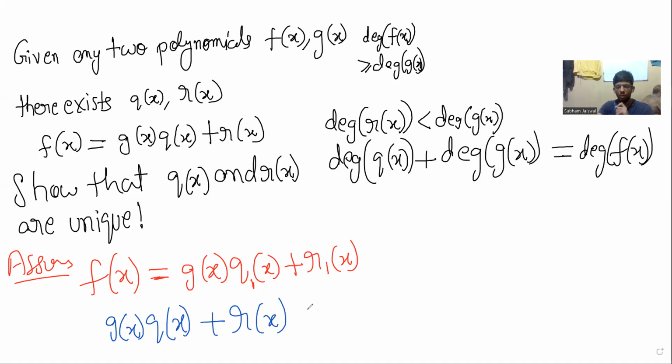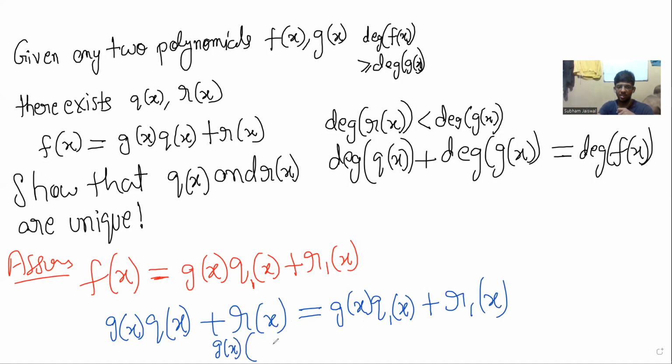We equate them. And see, this is the natural thing to do. You have done this kind of thing earlier also. So all the time you would not know really how to get to the goal, but you should see from where you are what are the natural things to try. And again, when you see this, it's just natural to take this g(x) common.